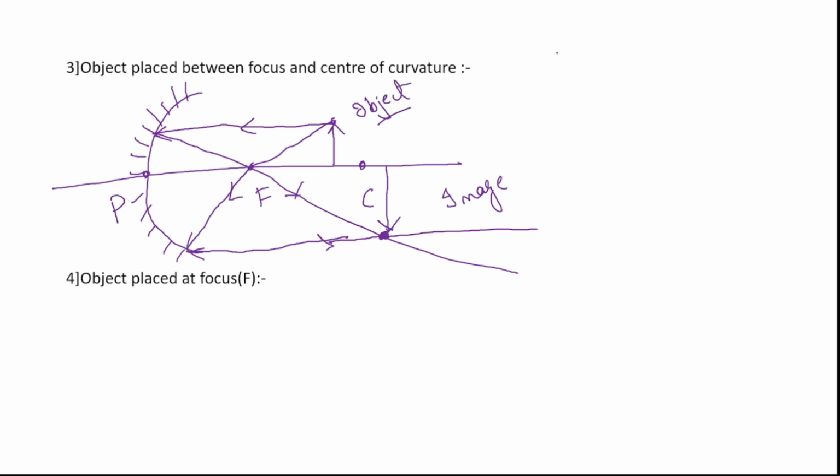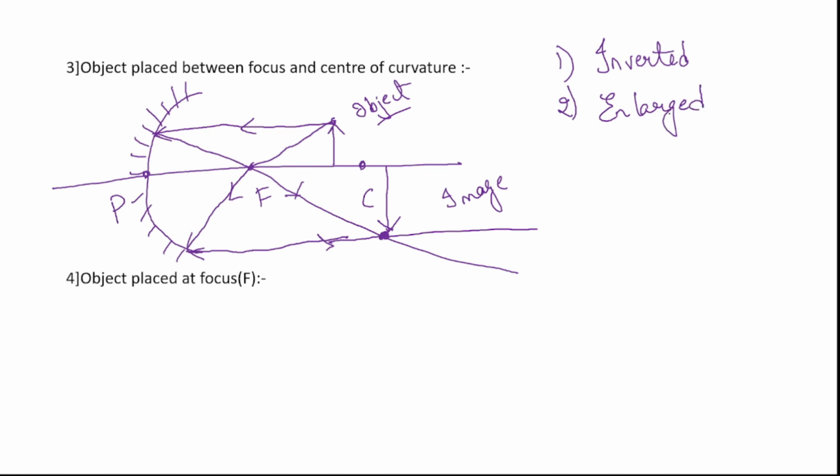What are the characteristics of this image when we place the object between focus and center of curvature? The image is inverted, and the second characteristic is that the size of the image is more compared to the object, so the image is enlarged.